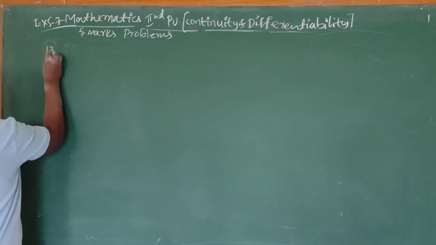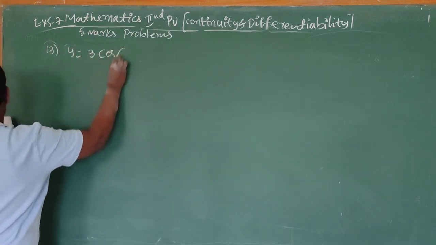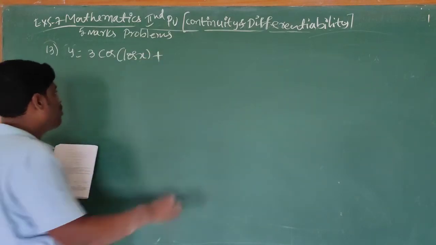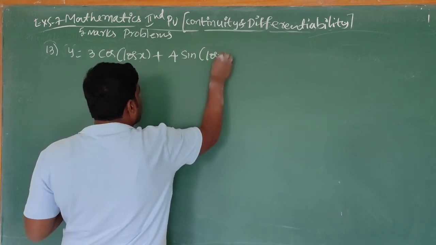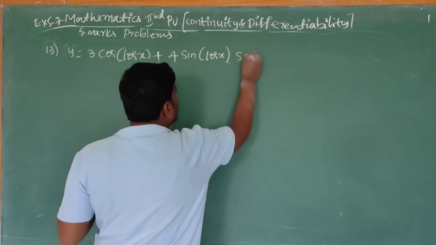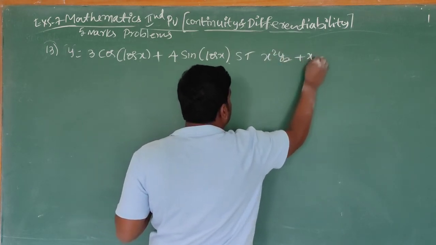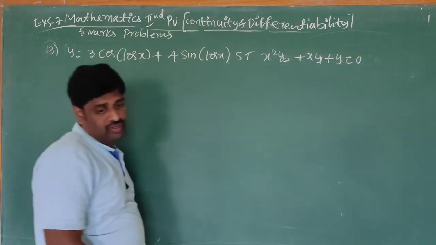Thirteenth problem: y is equal to 3 cos of log x plus 4 sin of log x. Show that x square y2 plus xy1 plus y is equal to 0.